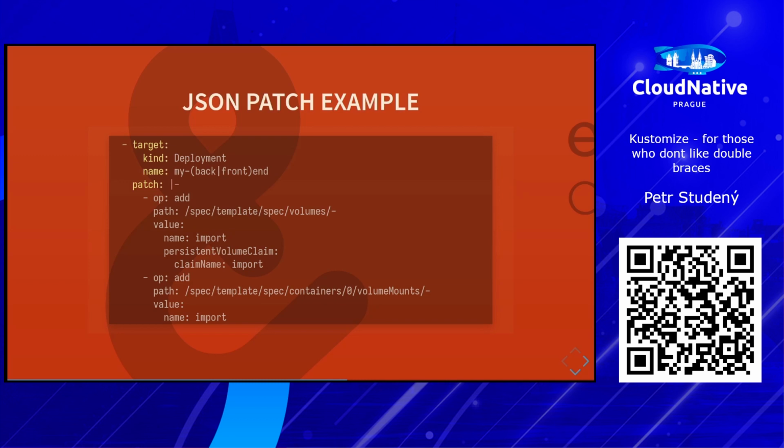So you use your JSON pointer with the path, and I would like to add a new volume called import to the volumes, and then I have to mount it, so I can just add to the container of index 0, at the end of its volume mounts, a new mount called import.